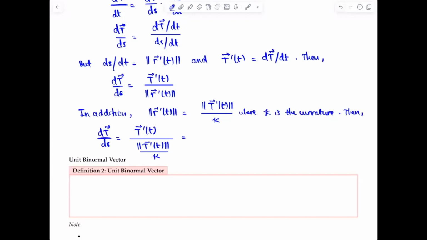Now, when you divide fractions, you can multiply by the reciprocal. Well, this is equal to kappa times T prime of t over the magnitude of T prime of t.